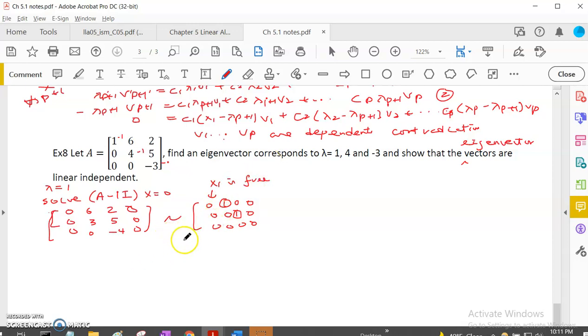So that means x1 and then 0 and then 0 is an eigenvector. So x is equal to that. So that means 1, 0, 0, when x1 is equal to 1, is an eigenvector.